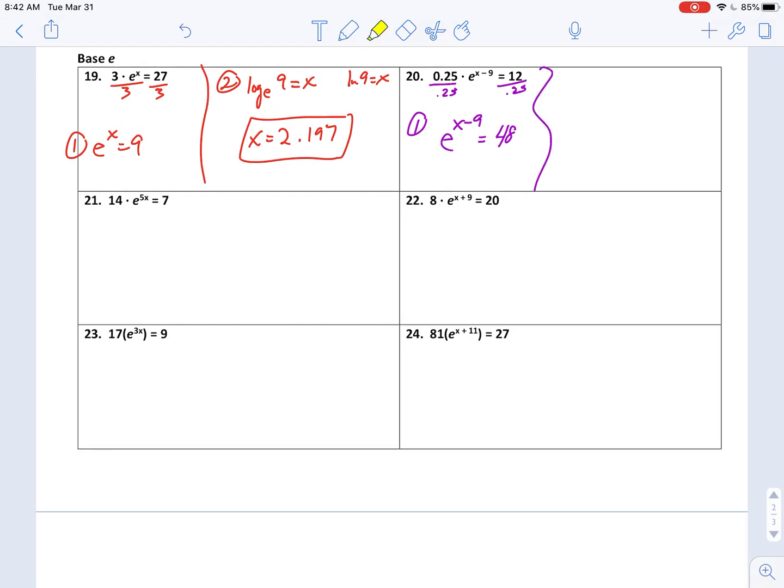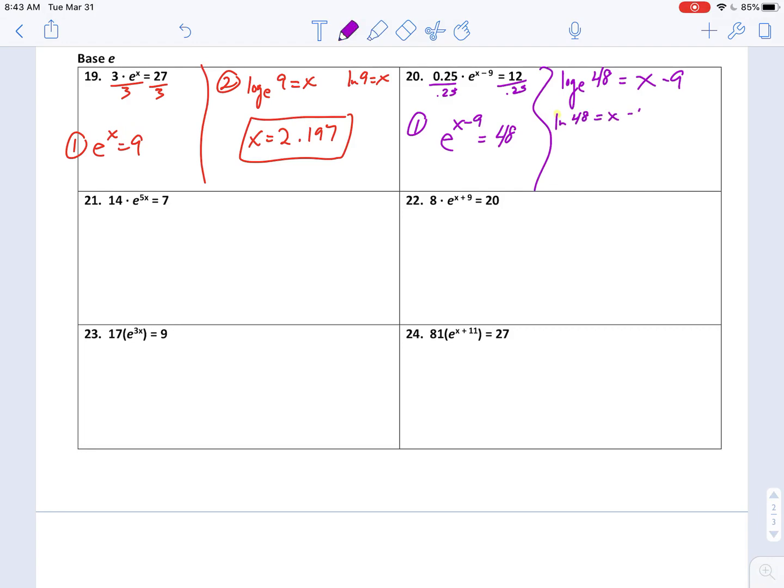So that's just my first step. But now I need to write this as a natural log, or just a logarithm base e. Natural log of 48 equals x minus 9.